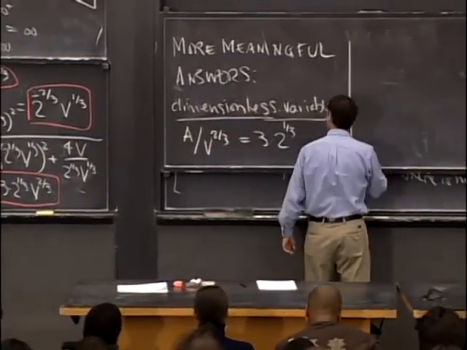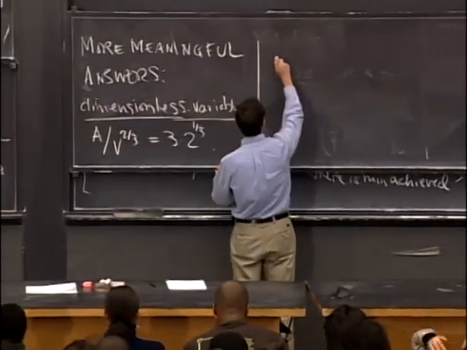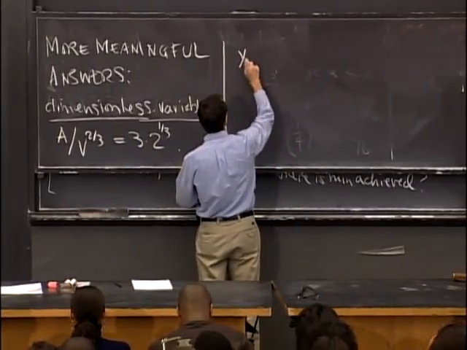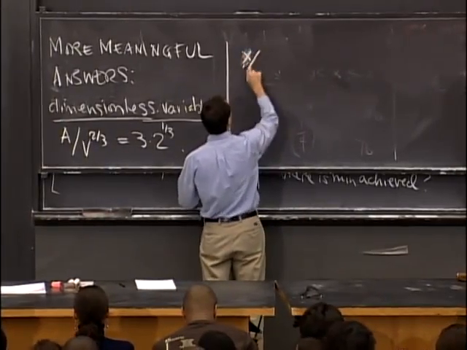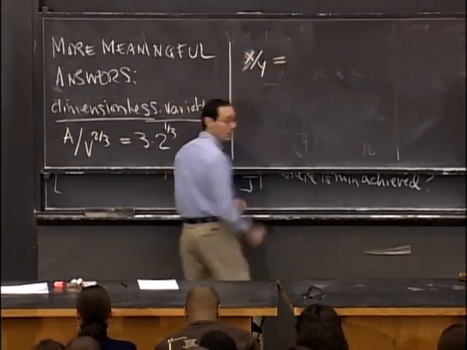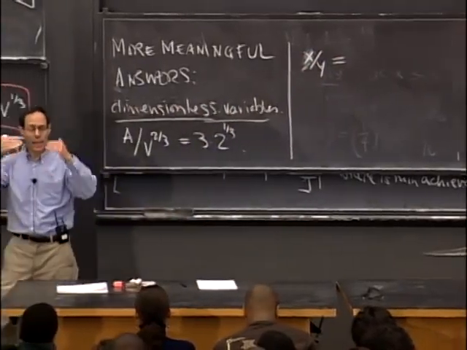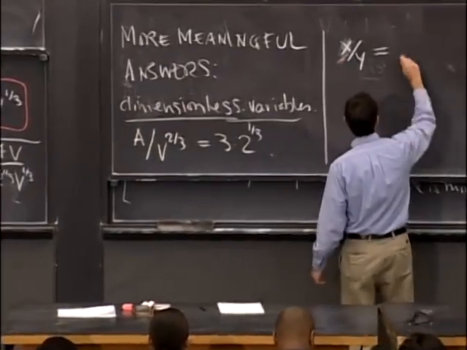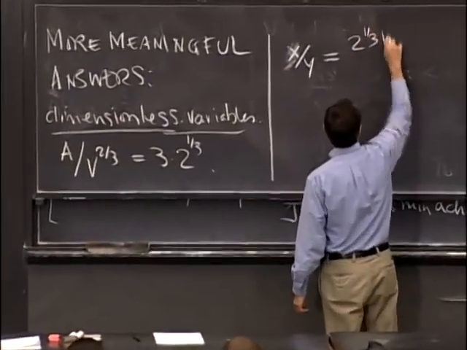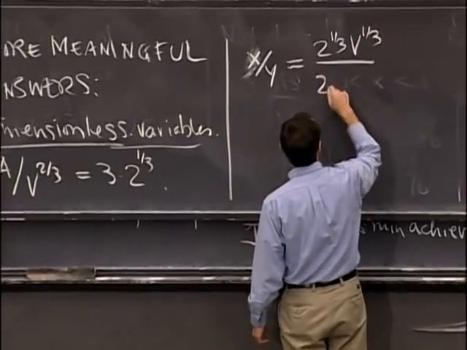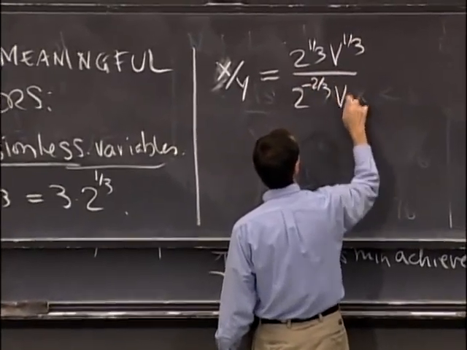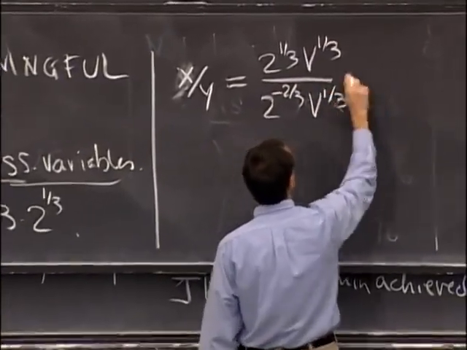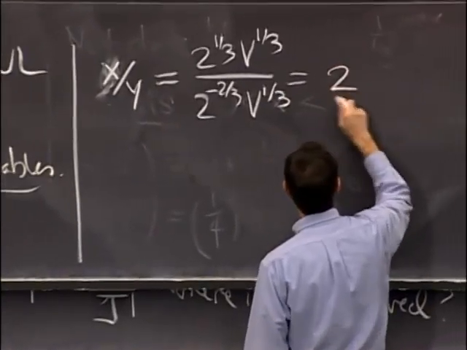The other dimensionless quantity is the ratio of y to x, or x to y. All right? So again, that's inches divided by inches, and it's 2 to the 1/3 v to the 1/3 divided by 2 to the minus 2/3 v to the 1/3, which happens to be 2.